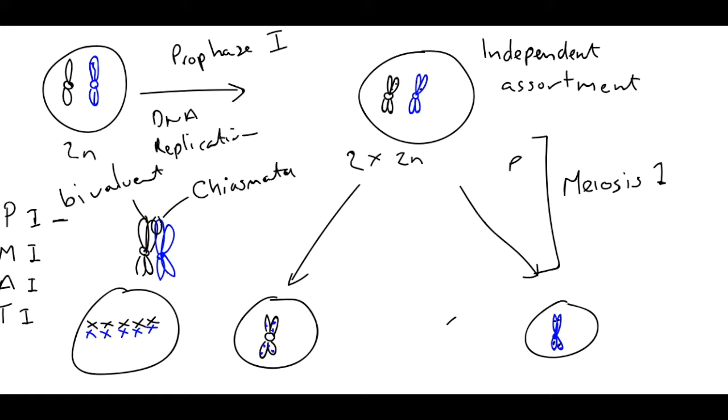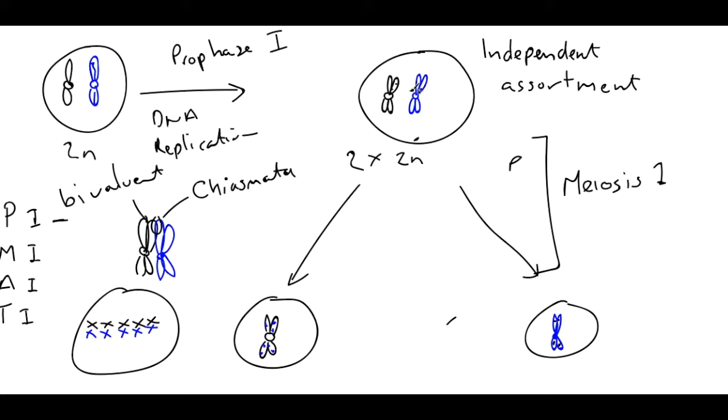Okay, so I'll explain that again. We have this cell and they split down, like it's going to happen in mitosis. And the 4 stages in meiosis are the same as in mitosis. They're called prophase, metaphase, anaphase, telophase. And if you haven't watched that video or you're not familiar with mitosis, please go and watch it. In prophase 1, the centrioles move to the poles, the chromosomes condense, the nuclear envelope breaks down.